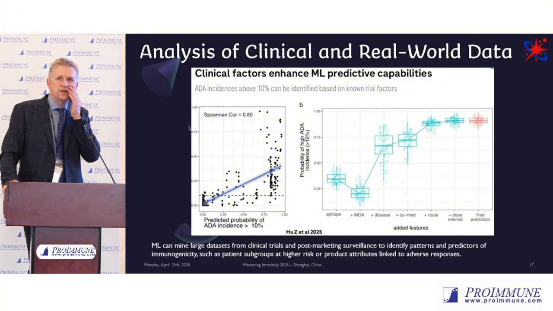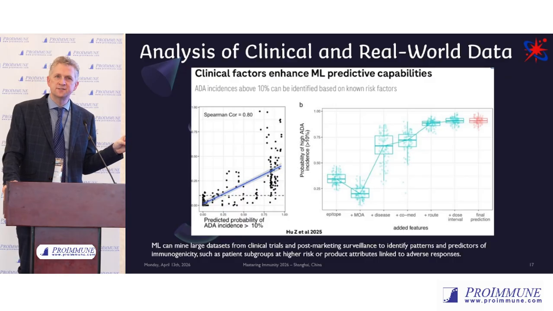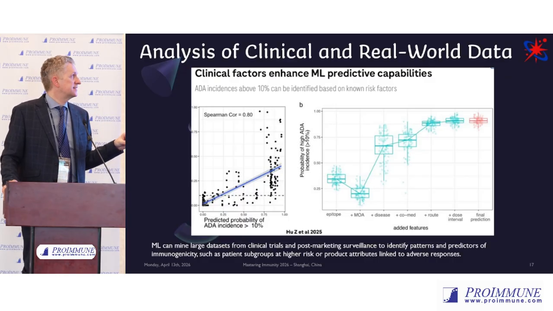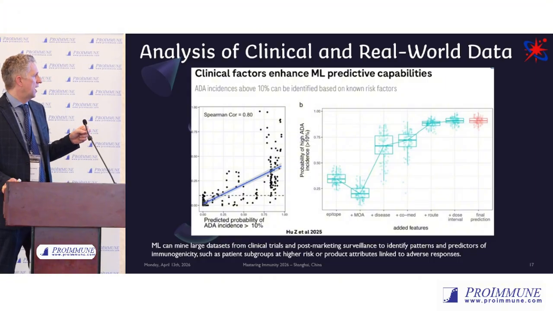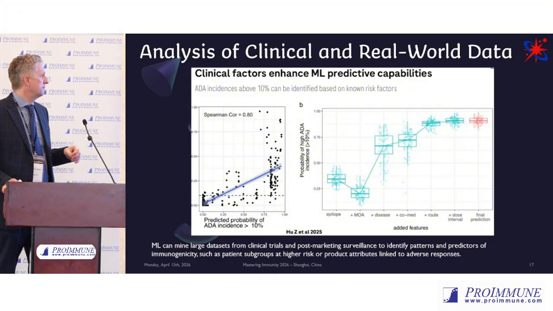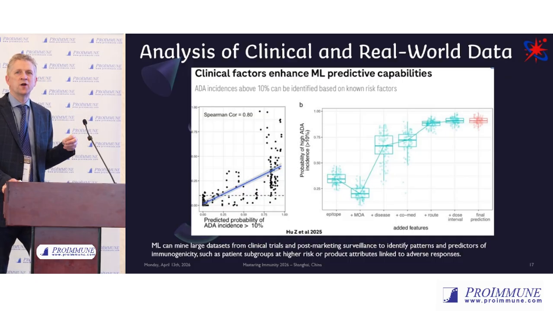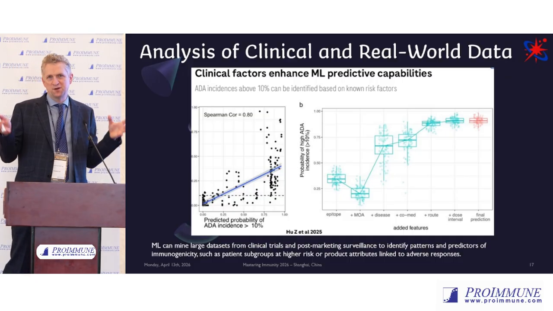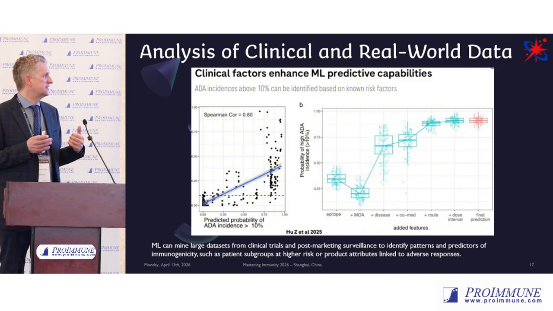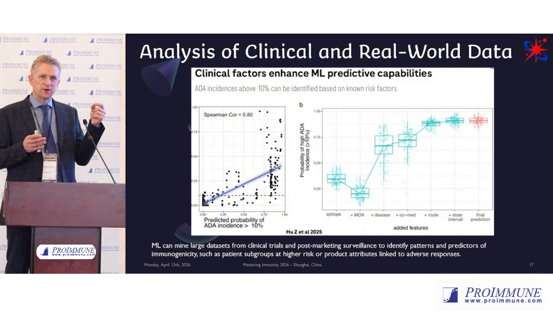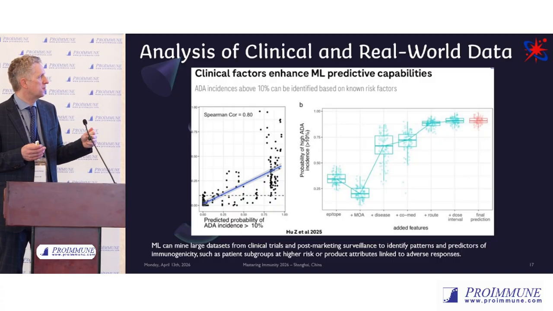So the other way people are using models is to try and combine different factors in larger data sets. In this particular case, published last year, some of my colleagues at the time at Genentech looked at a lot of the internal programs where you could see all of the data on the ADA incidences, and we could match up as well for specific individuals the types of co-medication they were on.